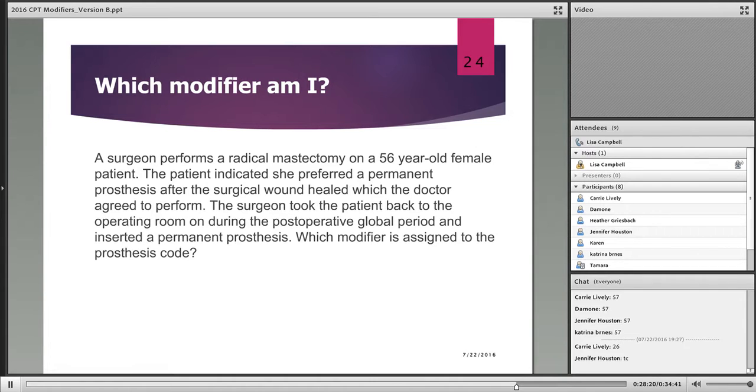Which modifier would be assigned to the prosthesis code? So we're returning to the operating room during the postoperative period. And 58 is correct.